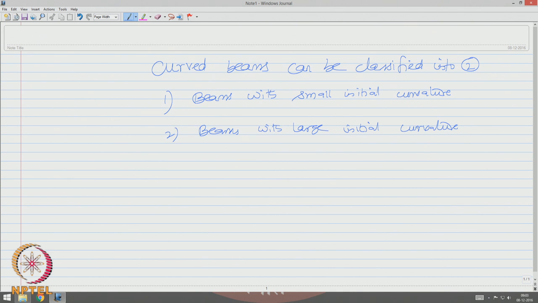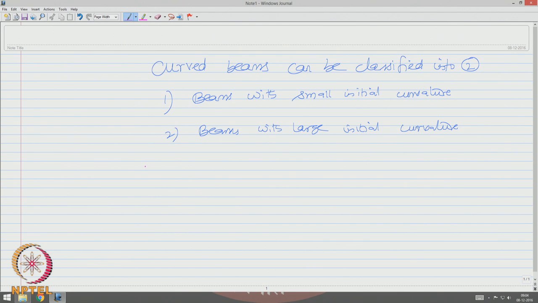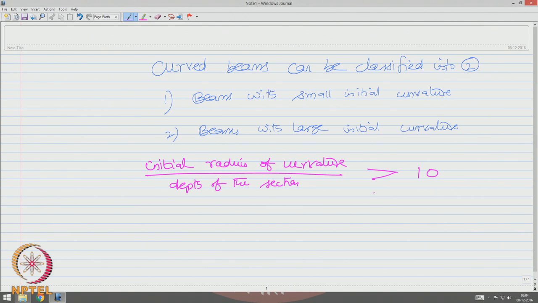Though there is no clear distinct difference in the definition of 1 and 2 sections, however, literature says when the ratio of initial radius of curvature to the depth of the section exceeds 10, then it belongs to the classification of beams with small initial curvature.